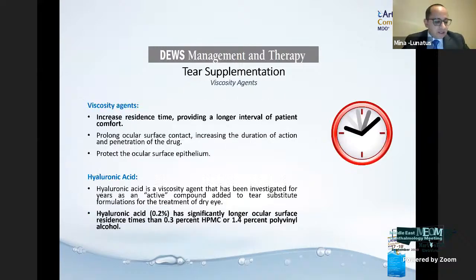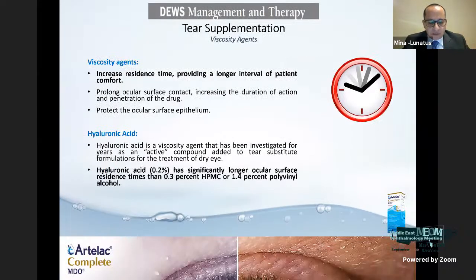And the viscosity agents increase the residence time and provide longer intervals of patient comfort. And hyaluronic acid 0.2% has been described by the DEWS as a lubricant or a viscosity agent that has longer ocular surface residence time compared to 0.3% hydroxypropyl methyl cellulose or 1.4% polyvinyl alcohol.